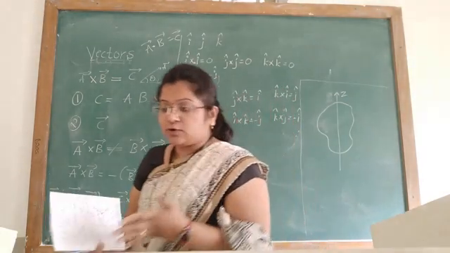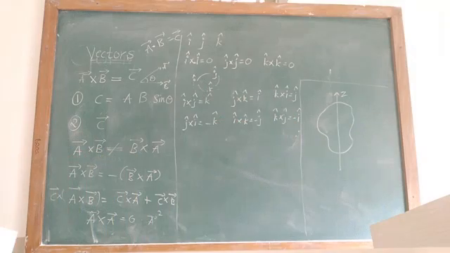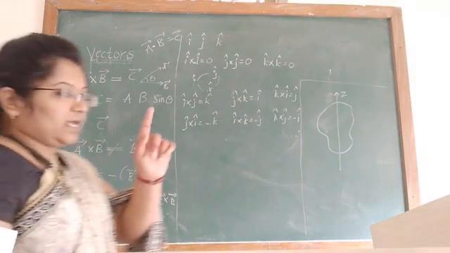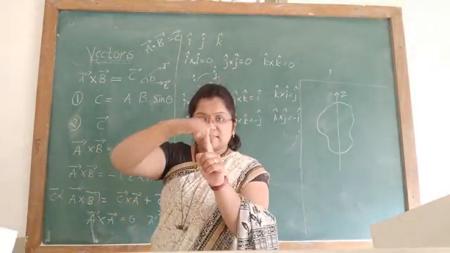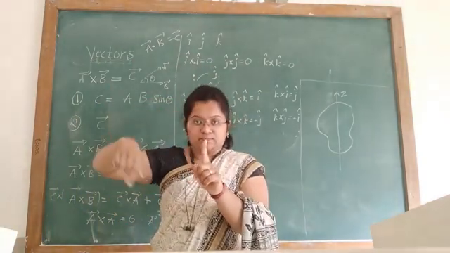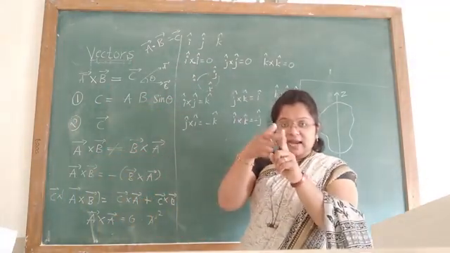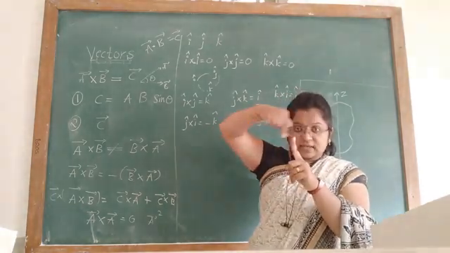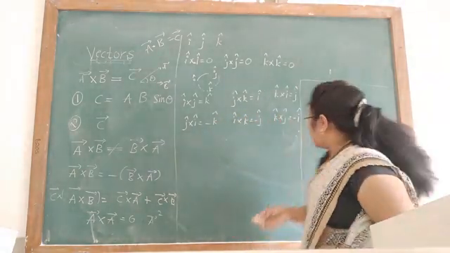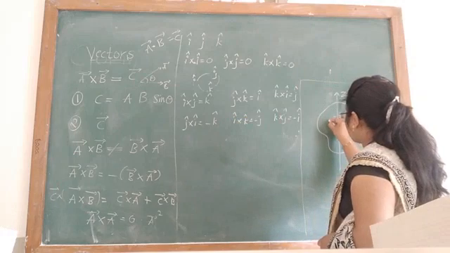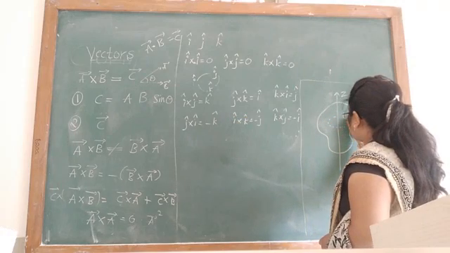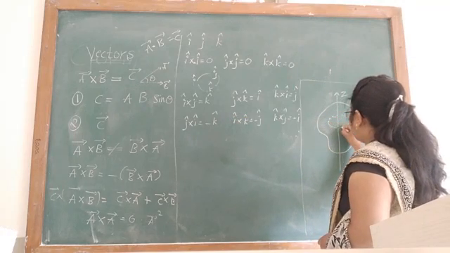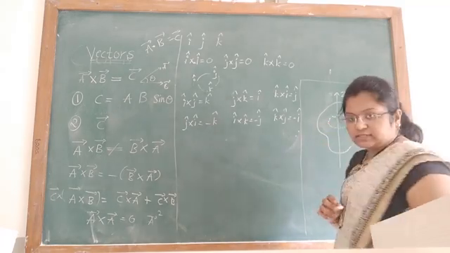Okay, now just imagine that one axis is there, and about that axis one body is rotating. So whatever the particles are there at the axis, they will not move. But whatever the particles are there in that body, they will move in a circular manner like this.